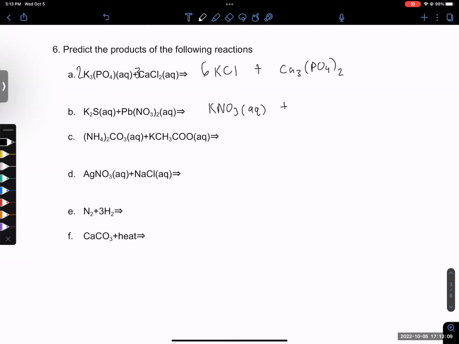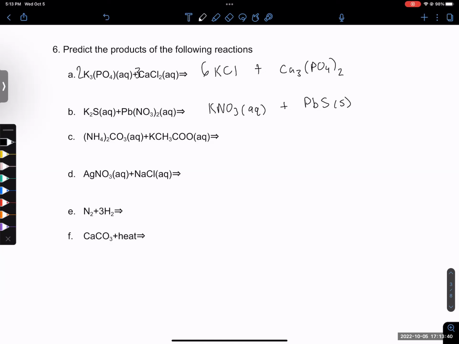And what about the second product? And we recognize that it's lead with a 2+ charge, right? Because when we do the reverse crisscross, the 2 comes up to the lead over here. And is this soluble or insoluble? So it's going to be insoluble, thus this is a precipitation reaction.